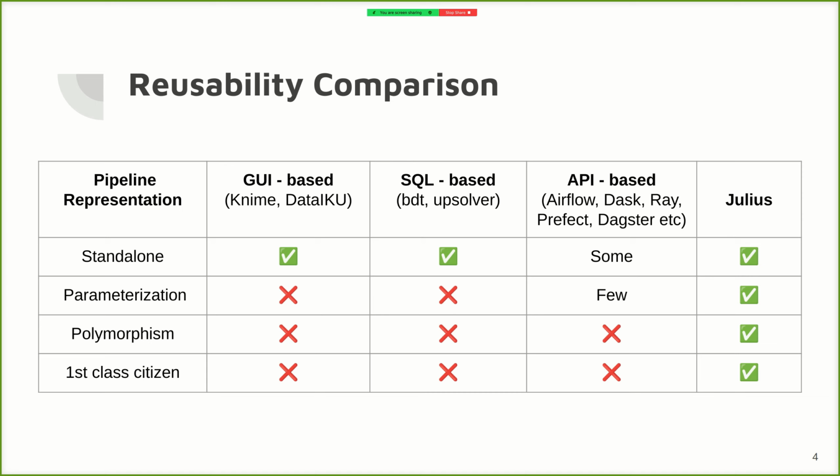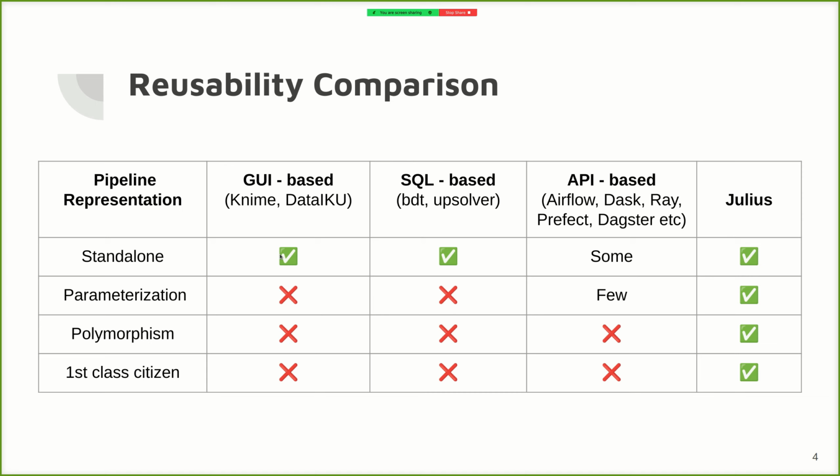With this progression of features that gradually improve your reusability, we can examine where existing pipeline building tools fall by looking through this lens of programming paradigm. Many pipeline building tools such as Nime and Talent create a pipeline through a drag and drop GUI.